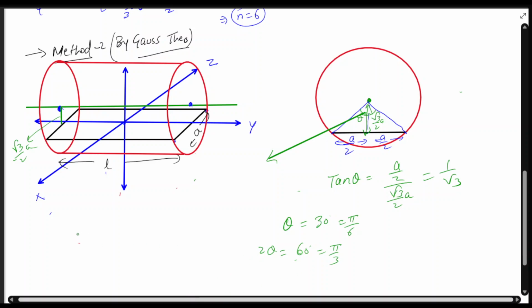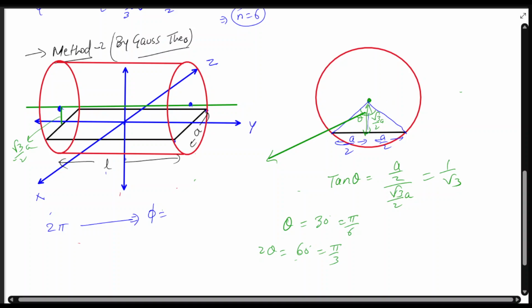Now, let's use the unitary method. So for 2 pi, the flux will be Q enclosed.